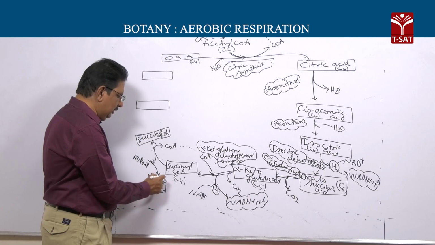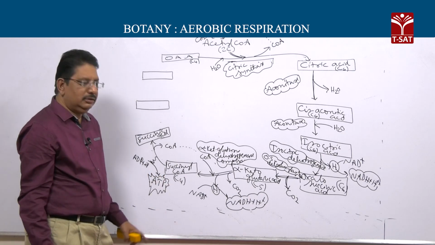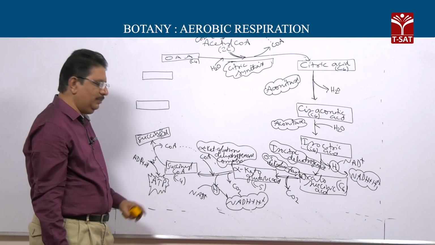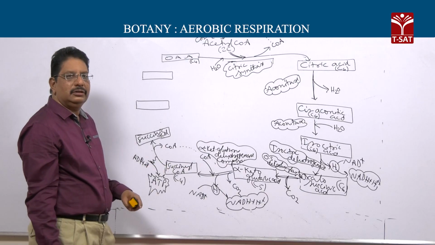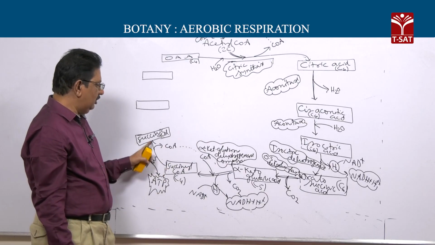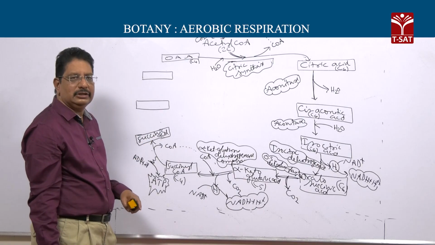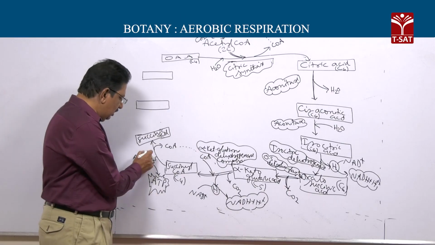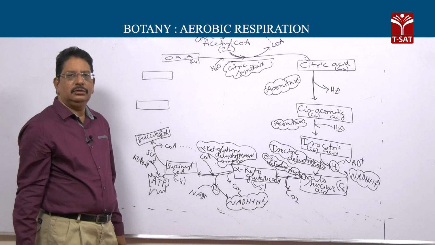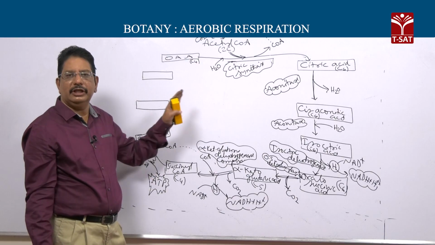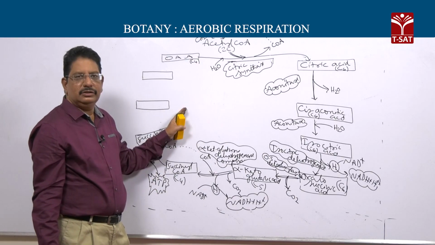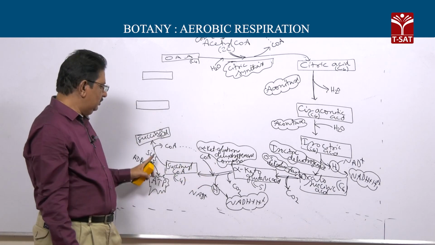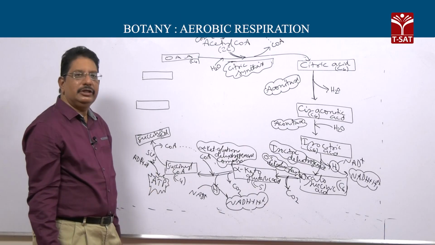So, for the first time in the Krebs cycle, we are seeing the formation of cell currency, that is ATP. So, in plant cells, during the conversion of succinyl coenzyme A into succinic acid, there is a direct production of ATP, which is called SLP. Already you have seen SLP steps in glycolysis. So, this is the SLP step in the Krebs cycle. In plants, at this place, ATP is synthesized.